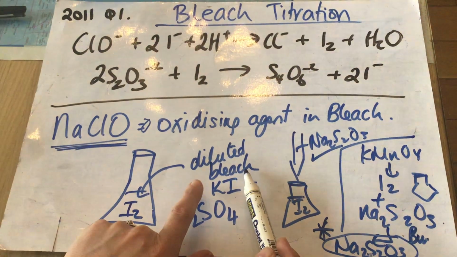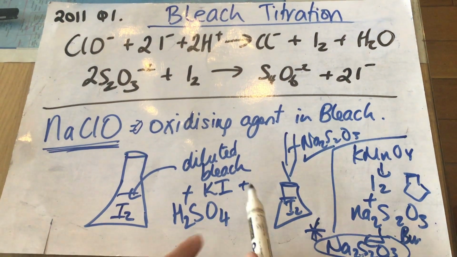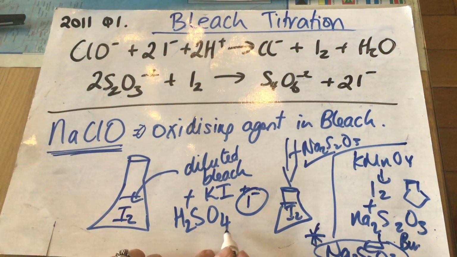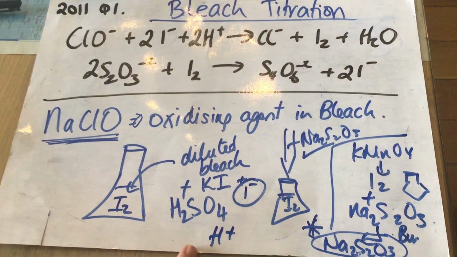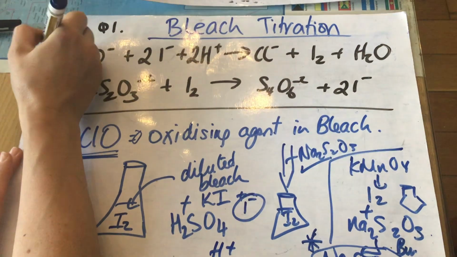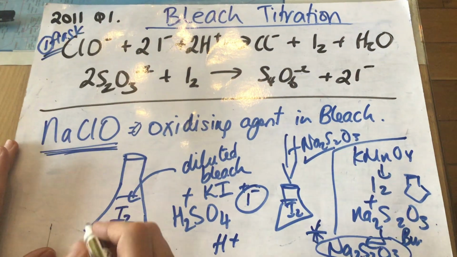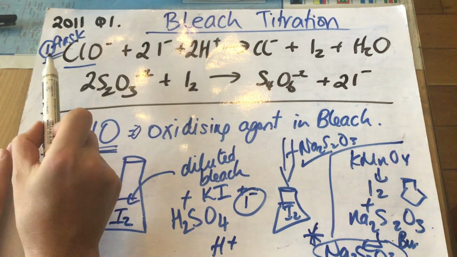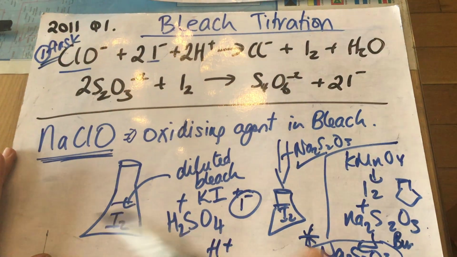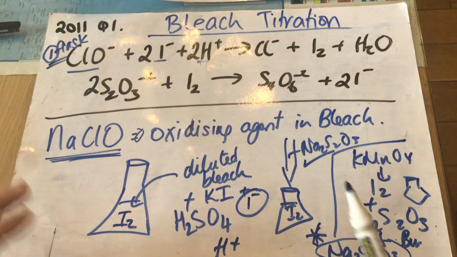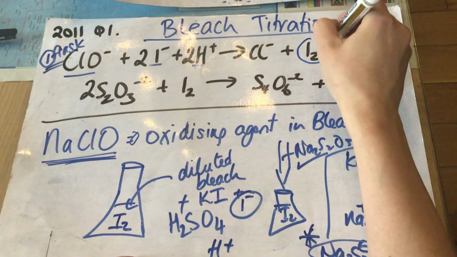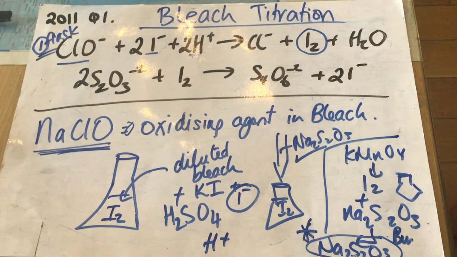So you have diluted bleach, KI goes in again to supply the I- ions, and the H2SO4 goes in to supply the H+ ions. So this reaction up here, reaction 1 if you like, is what's happening in the conical flask. The hypochlorite is coming from the bleach, the I- is coming from the KI, and the H+ is coming from the sulfuric acid, and you are making a certain amount of iodine in your conical flask.